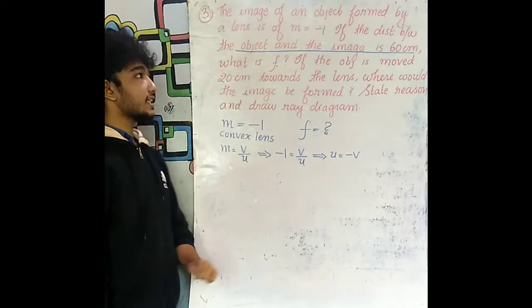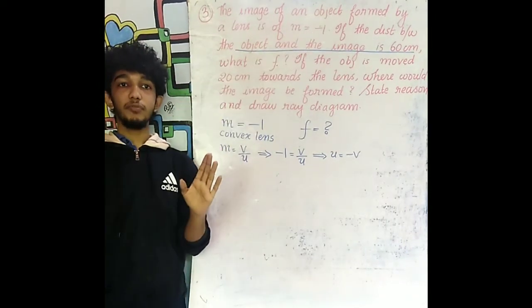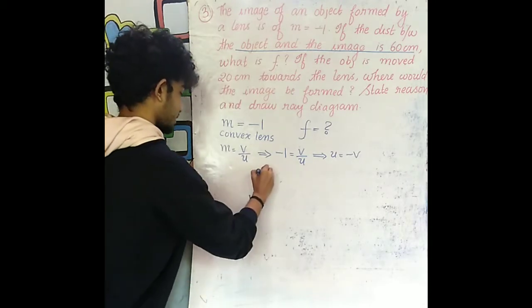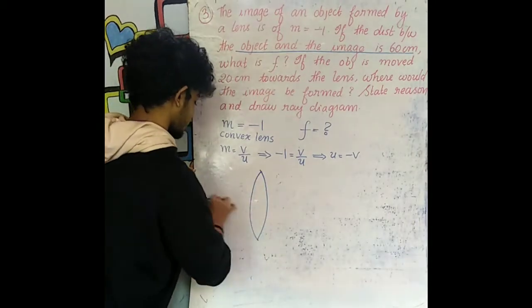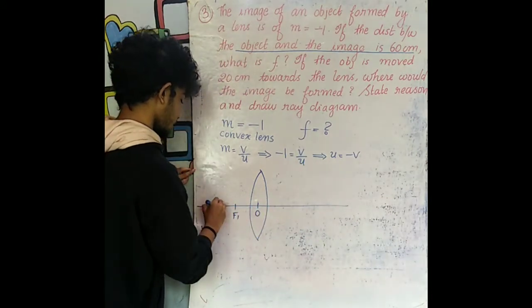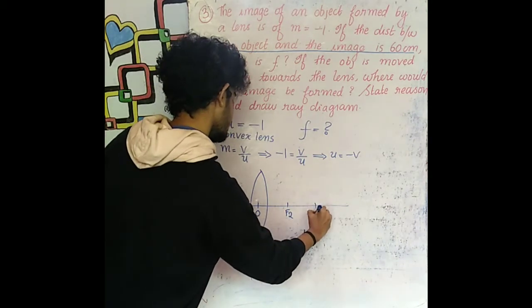Otherwise also we can say that if the magnification is -1, the object will be placed at 2F1 in the case of a convex lens. See, if this is a convex lens, we have optic center, F1 to F1, F2 to F2.